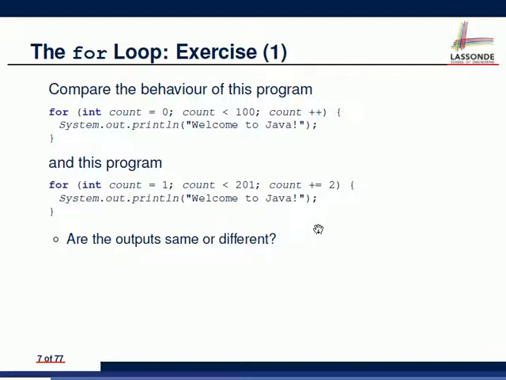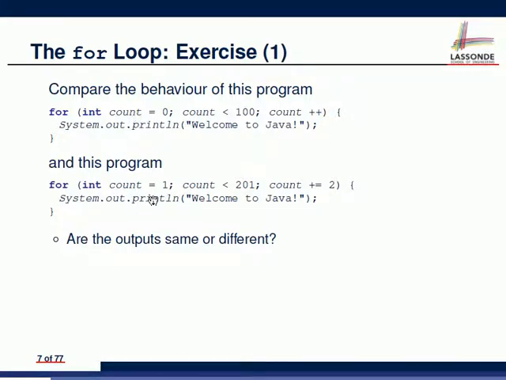I heard no? Yes? No? I'll give you a little bit of hints. Two hints over here. First of all, think about how many times each of the loops is going to run. That's hint number 1. And hint number 2, look at the body of the two loops. The body of the first loop says welcome to Java, and it seems like the output does not depend on the value of the loop counter count, right?